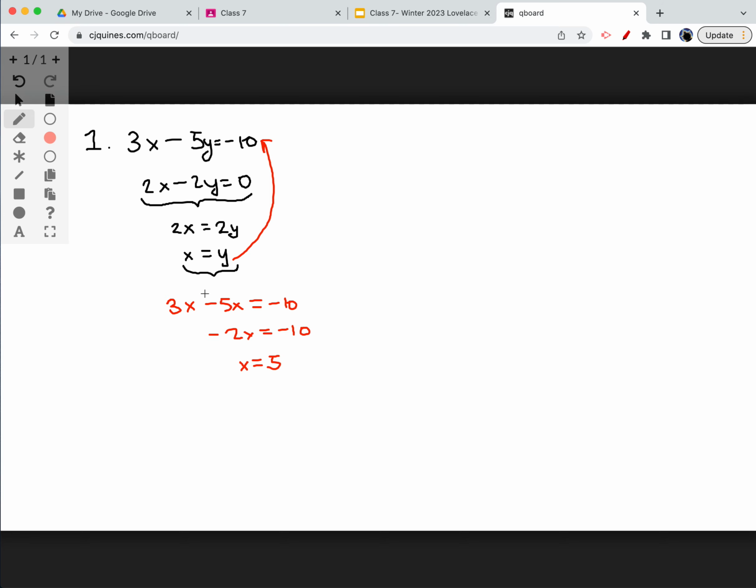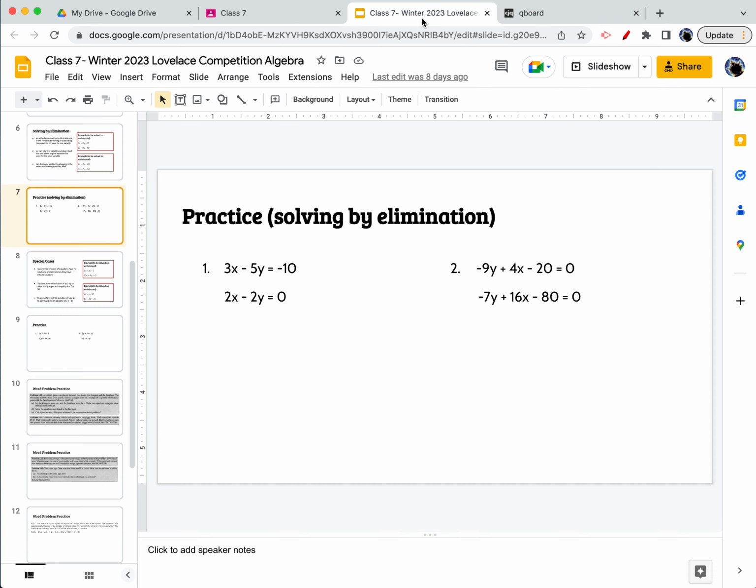And since we said that x is equal to y, we also know that y is equal to 5. So that would be the solution to our system here. Okay. So now let's do the second one.